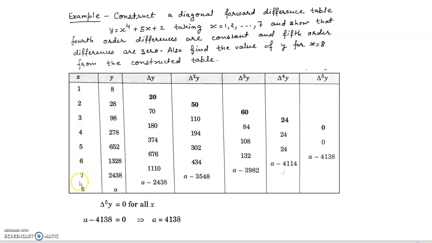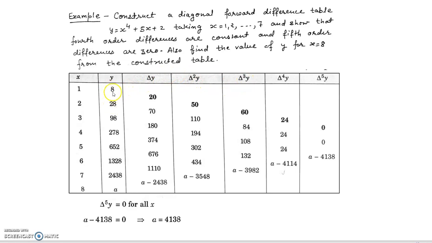If you put x equal to 7, you will get y equal to 2438. But remember, we will not put x equal to 8 in this equation, because we have to find the value of y at x equal to 8 from this table only. So now let us construct the higher order differences: first order, second order, third order and so on.